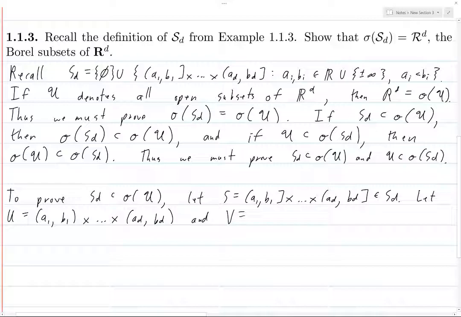So let V equal, well, we can't just take the closed interval from a1 to b1, because that will include a1 in the first entry, which is not a characteristic of S. None of the points in S contain the value a1 in their first coordinate.